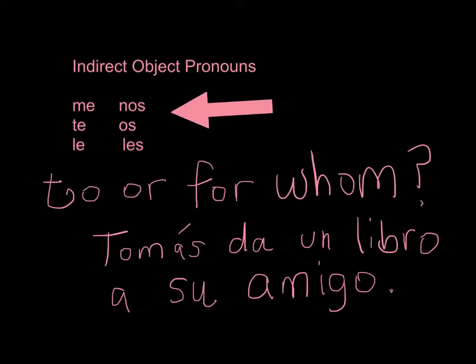Book, that was the direct. To whom? To his friend. So that was how we found the indirect object pronoun. And then we corresponded with the fact that le is third person singular, and so is a su amigo. So when we made the choice, we picked according to third person singular pronoun to replace or to use in addition to the a su amigo.